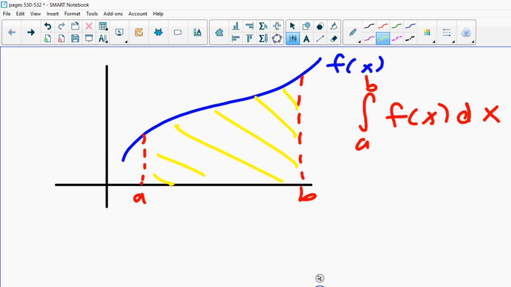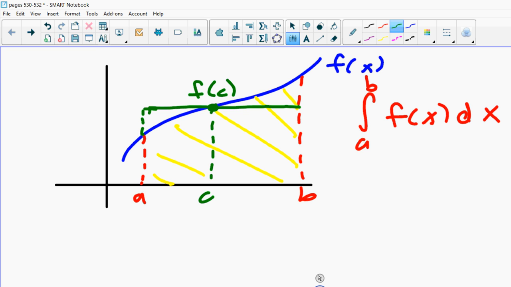Now, I contend that there is a rectangle whose width is the distance between A and B. There is a rectangle somewhere in there whose height, let me say this, the x value is c. What would that point there be? C, comma, f of c.